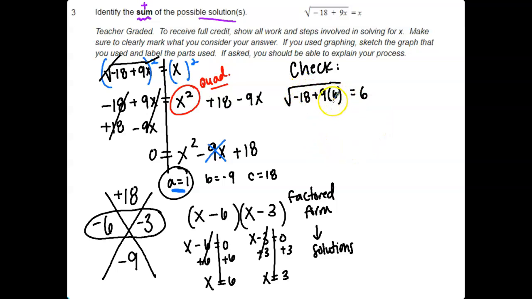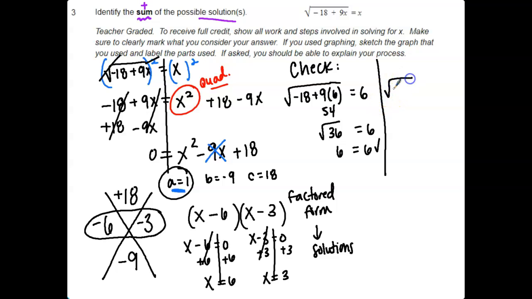So let's check this one. 9 times 6 is 54, and 54 minus 18 is going to be 36. So the square root of 36 is still equal to 6. And yeah, that makes sense because literally the square root of 36 is 6. So that works.